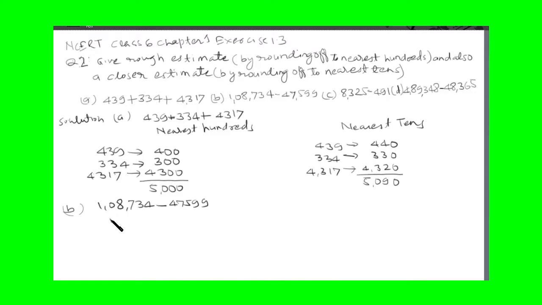So 1,08,734 is rounded to nearest hundred, and it becomes 1,08,700.